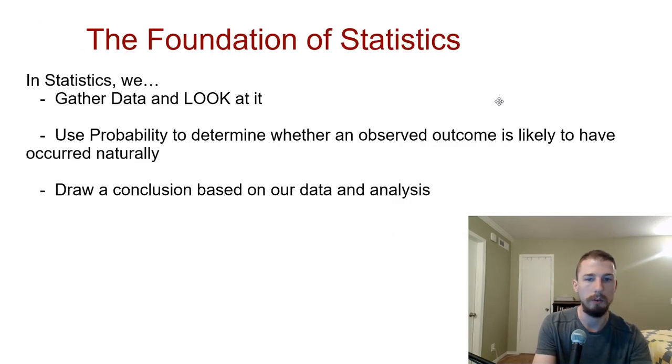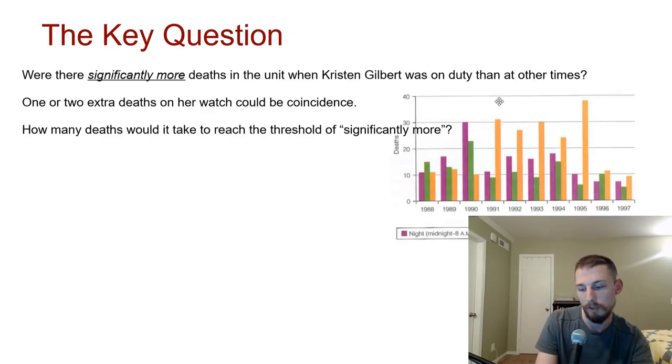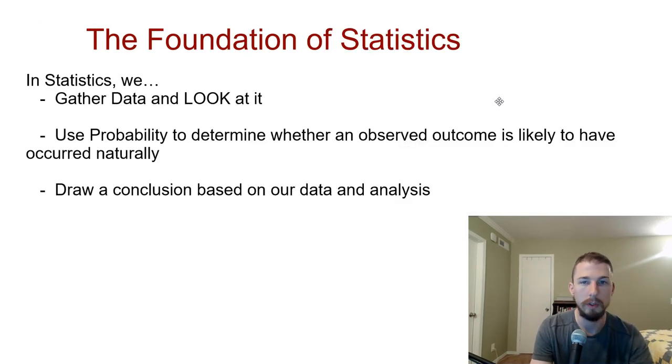All right, so the foundation of statistics. In statistics, we gather data, and we look at it, we visualize it. We graph it out so that we can see patterns like we did with this data over here. We use probability, which we're going to do later in the year, to determine and quantify, to put a number, a p-value is what we call it, of what's the probability of this occurring naturally. And if that probability is really, really low, like less than 1% or maybe 5% or 10%, spoilers, that's what we use, then we would be able to reject the null hypothesis.